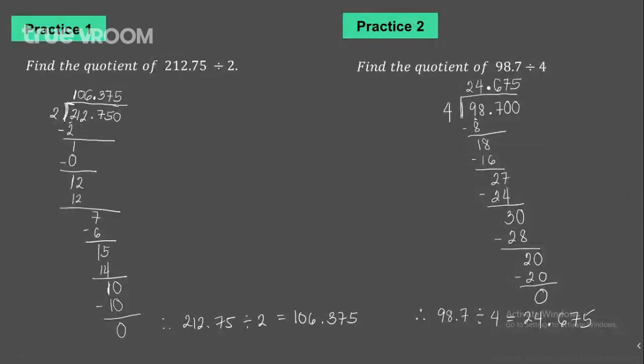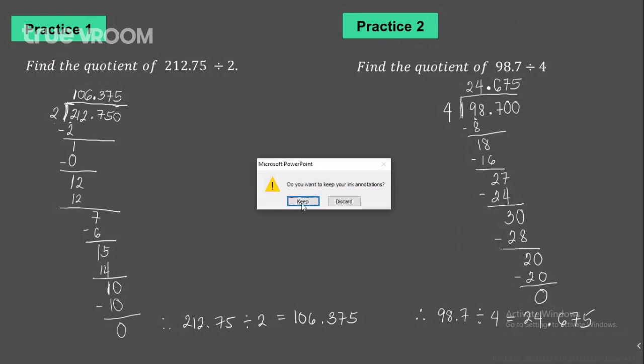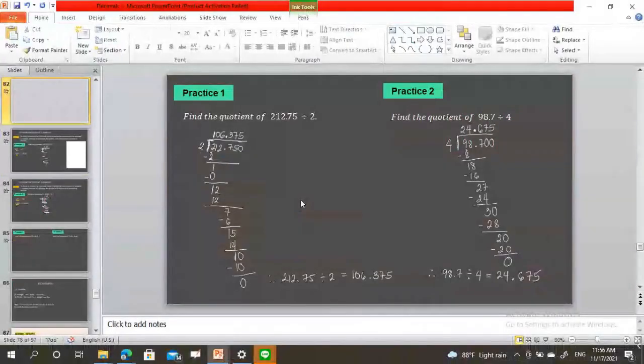For our next topic, we are going to discuss dividing decimals by decimals. We have 4 minutes left, so I will just give you more examples on dividing decimal numbers by a whole number.